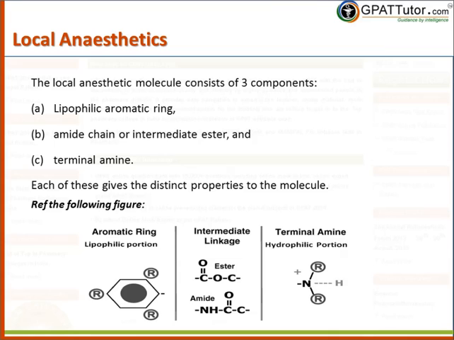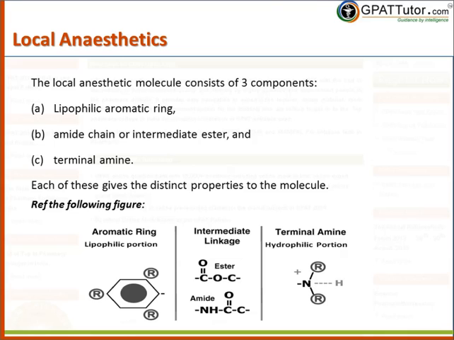The typical local anesthetic molecule is characterized by the presence of three separate portions in the overall chemical structure. An aromatic ring, which provides lipophilic character. An amide chain or ester chain, which connects the terminal group with the aromatic ring.